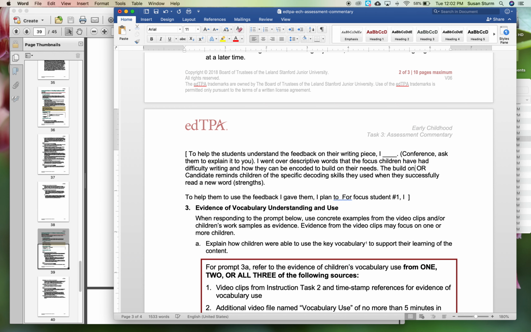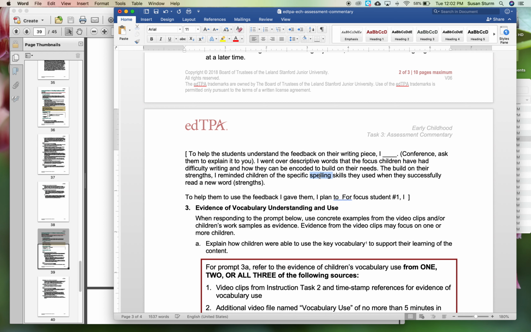To build on their strengths, I reminded children of the specific spelling skills they used.